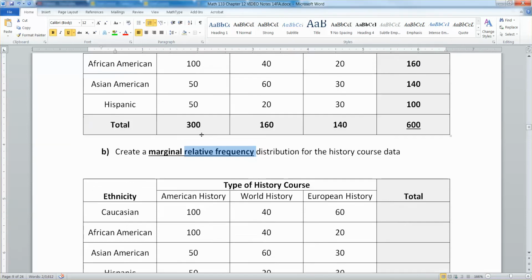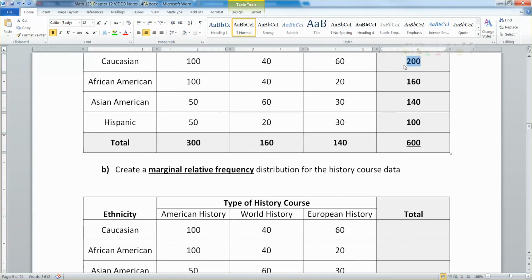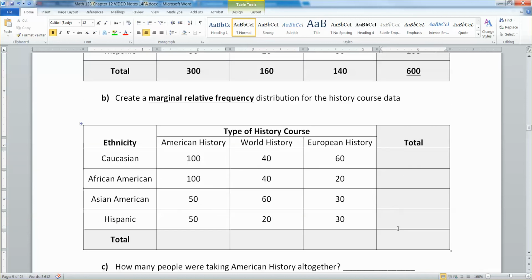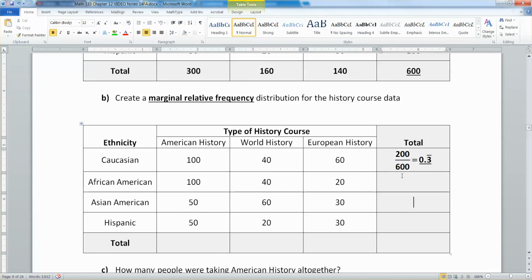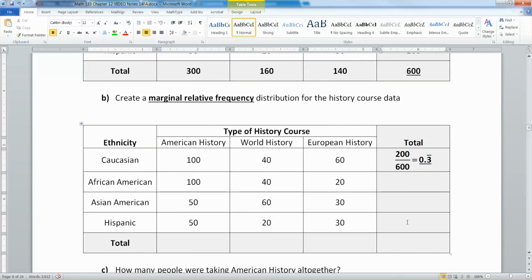So for example, the Caucasian relative frequency would be 200 divided by 600. And that would give me my relative frequency in that group. And then for the next group, it would be 160 divided by 600, and then 140 divided by 600, and then 100 divided by 600.